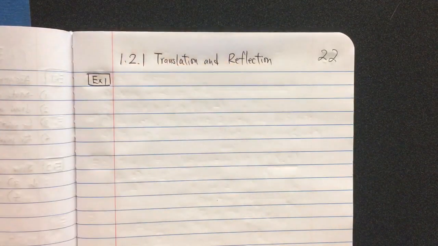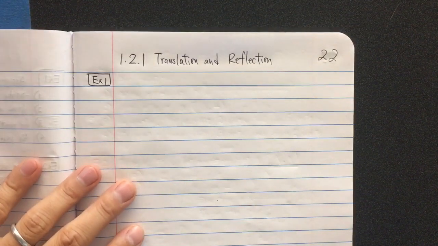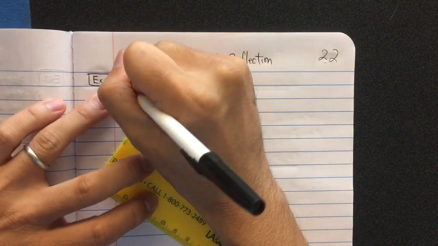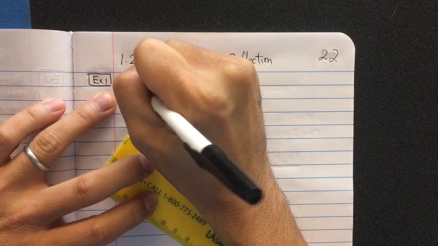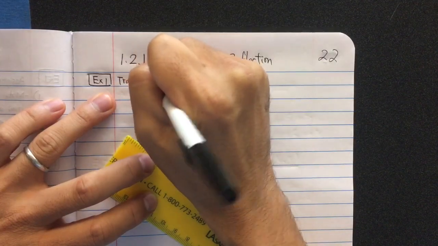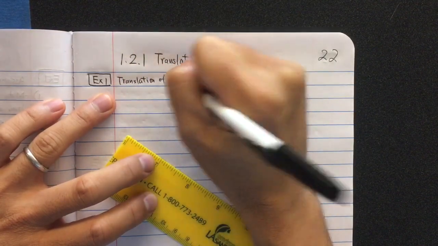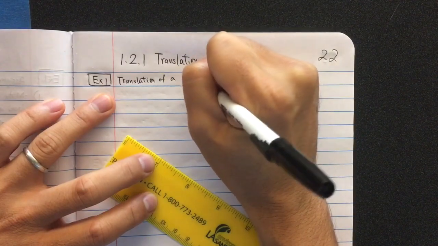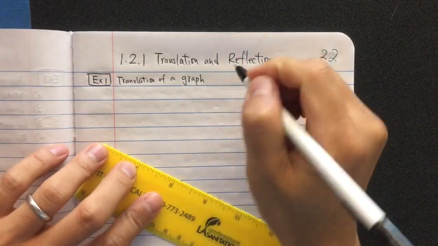Last lesson we talked about translation of a point, right? Today we will still talk about translation, but not of a point, of a graph.